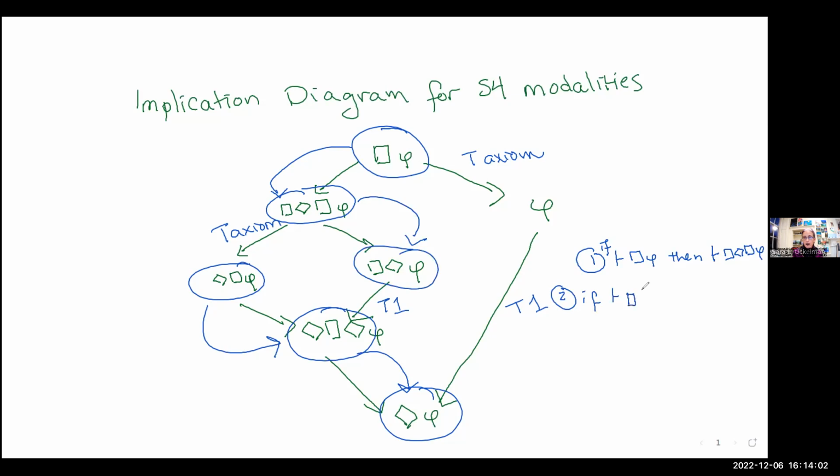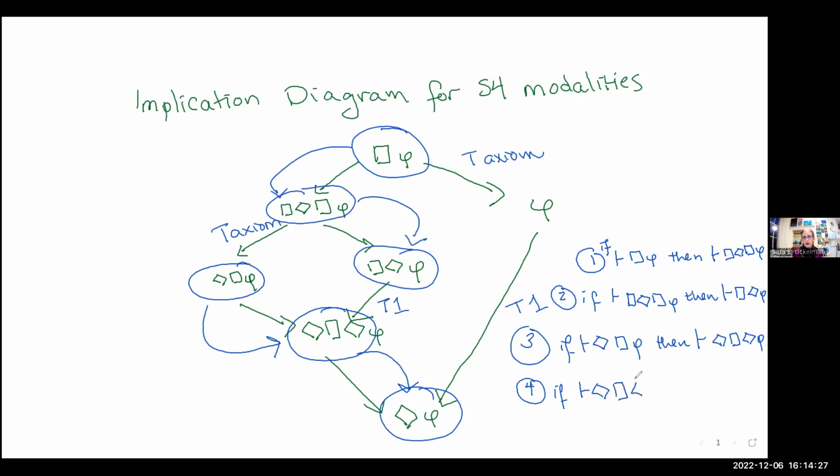If necessarily possibly necessarily phi is provable, then you can also prove necessarily possibly phi. Three, if you can prove possibly necessarily phi, then you can prove possibly necessarily possibly phi. And finally, if you can prove possibly necessarily possibly phi, then you can prove possibly phi.